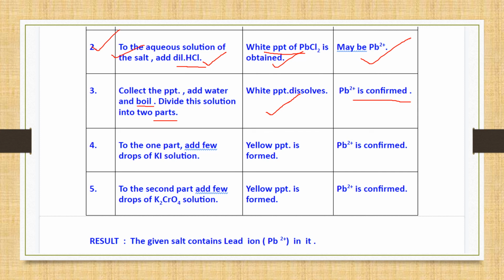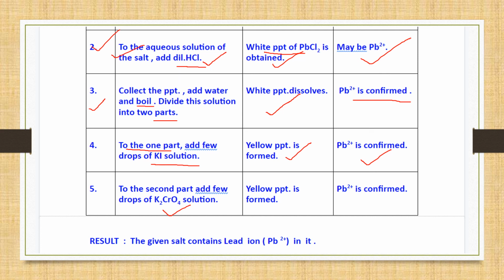So how will I confirm it 100%? I will dissolve the precipitate in water first, which I have done here, and divide it into two parts. To one part, you add a few drops of potassium iodide solution, KI. It will give you a yellow precipitate instantly, which confirms it is Pb2 plus. And to the second part, add a few drops of potassium chromate, K2CrO4 solution, not potassium dichromate.